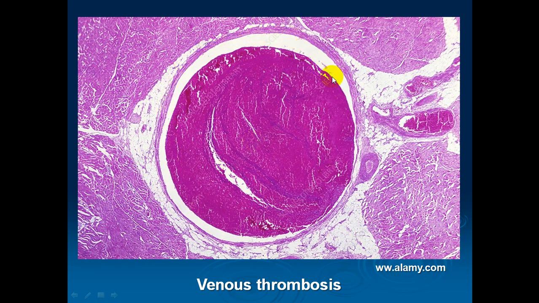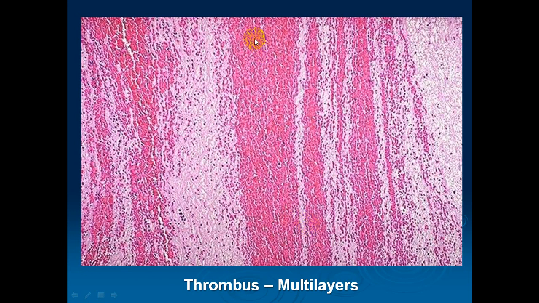This is the histopathology of a thrombus inside a vein. I think this is in the heart, I guess. This is the large thrombus here. Here are the layers of fibrin. This is the pale part, the layers of fibrin.